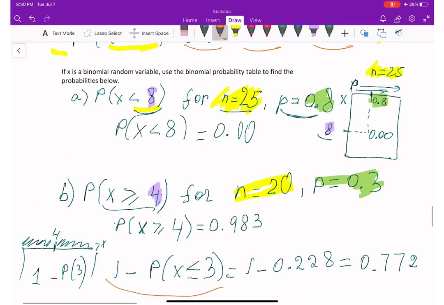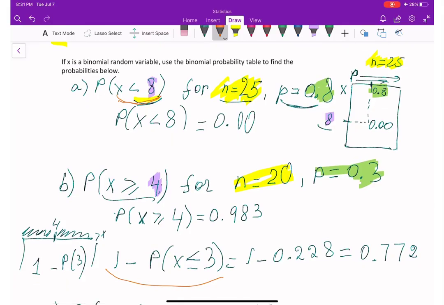See, in this case, it was x less than or equal to 8, so we didn't have to do any extra work. Just go to the table: x you have, probability you have, sample size 25 you have, and you get the intersection, your probability. But when you have greater than or equal, then you take 1, which is 100%, minus the one less.